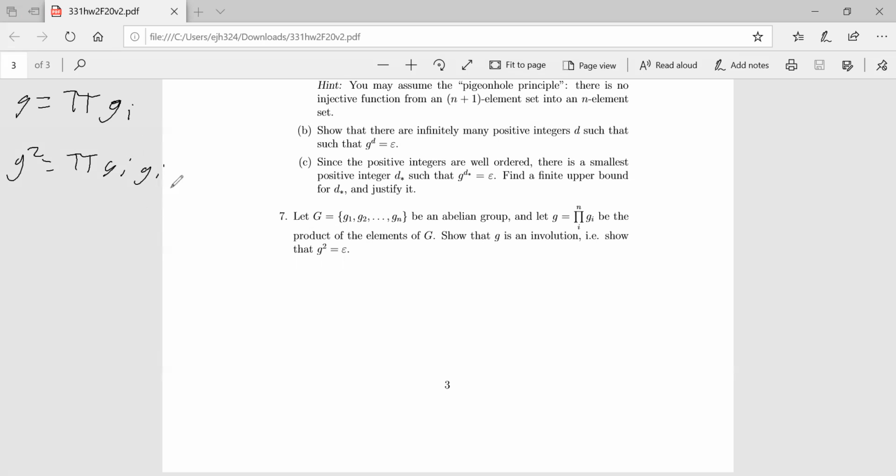So the core here is for all GI in G, GI inverse is equal to GI, or GI inverse is equal to GJ, J not equal to I, right?